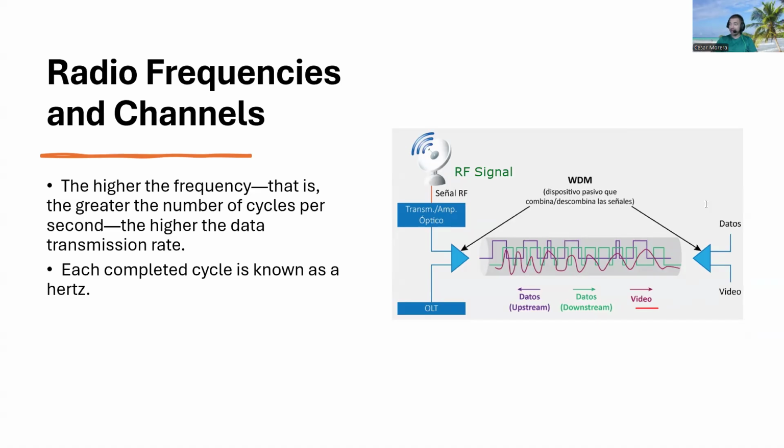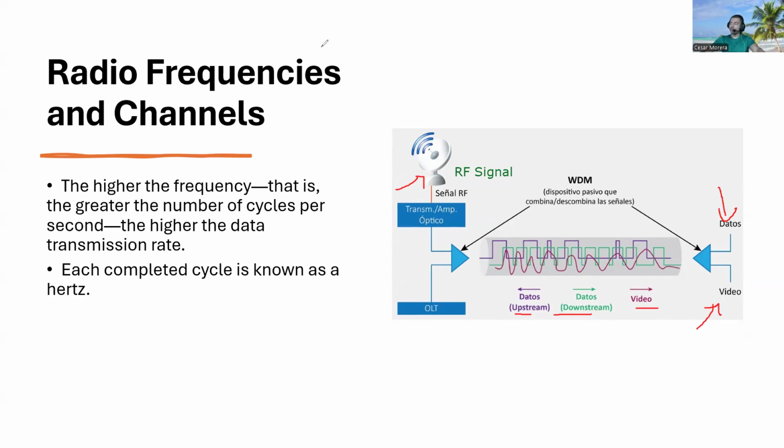It combines passive and decombines some of the signals, WDM. And let me just change to red color. What do we have? What else? We have data over here and we have video over there. Data for upstream and downstream, and we have video. We have optical amplified transmission with the RF signal device, physical device. And that's basically what we have in this topology.